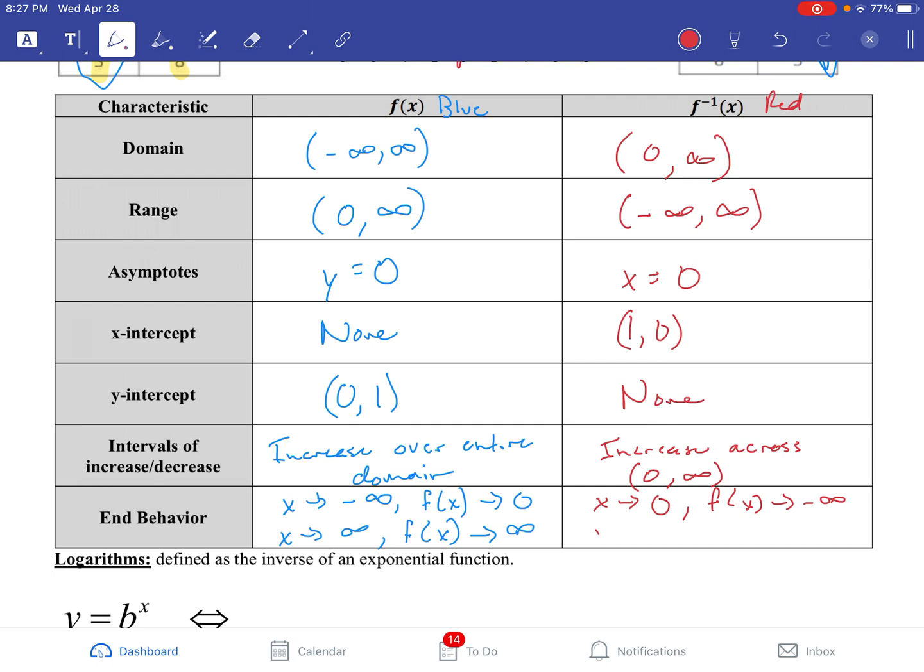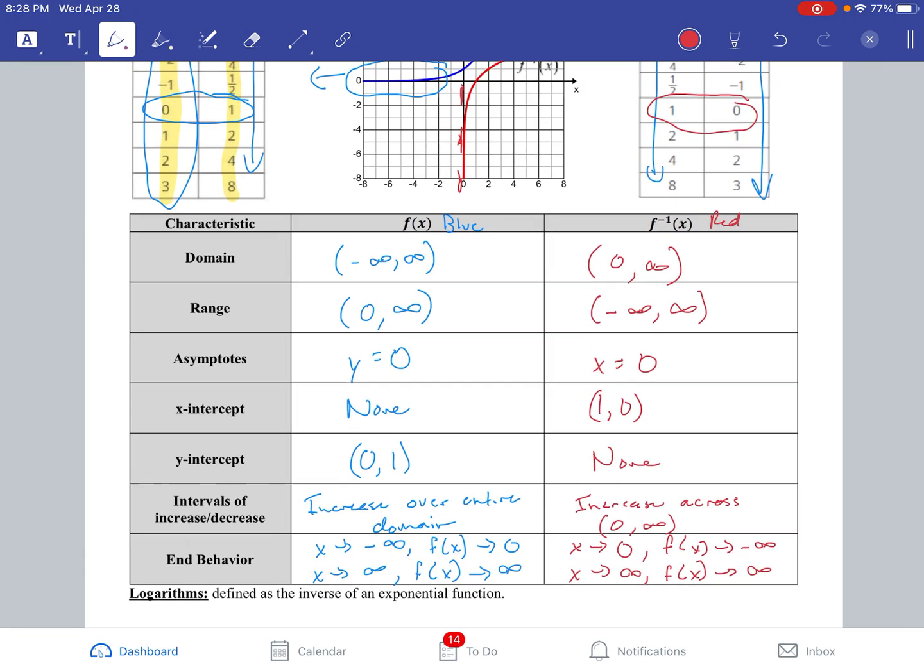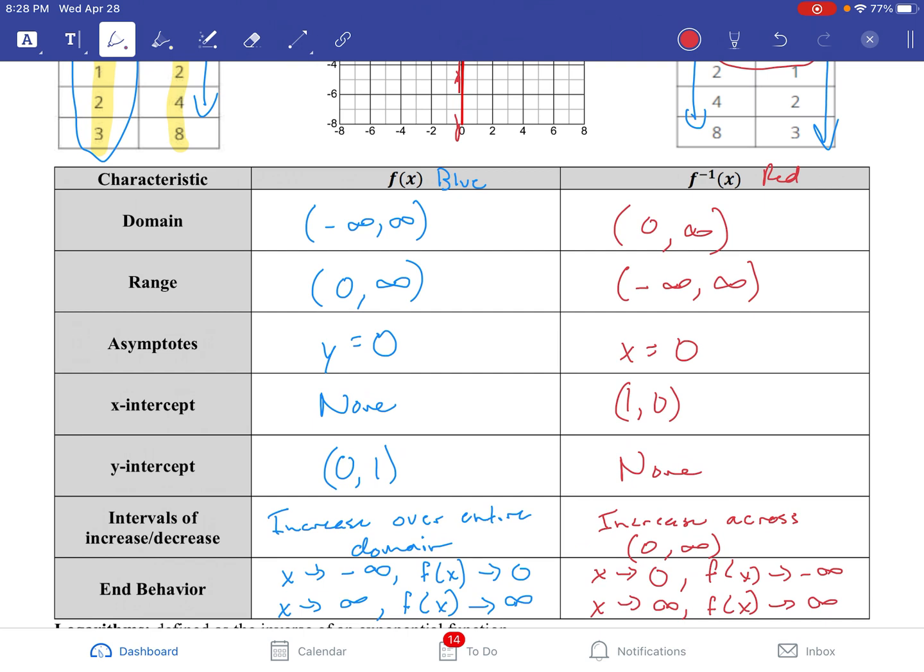Okay, on the other side, as x approaches infinity, the graph is going up, also towards infinity. So those are characteristics of our exponential graph and its inverse.